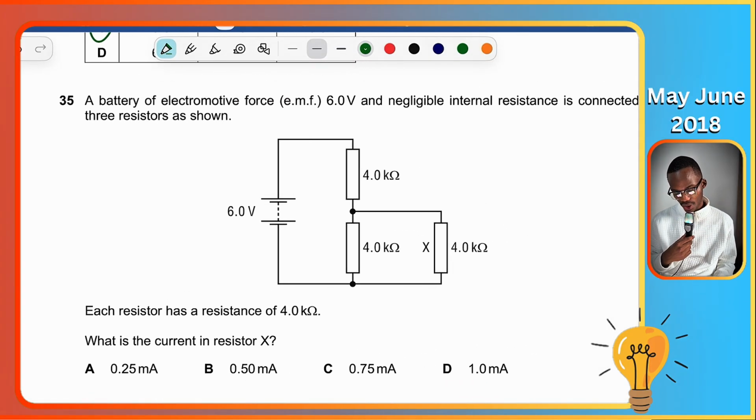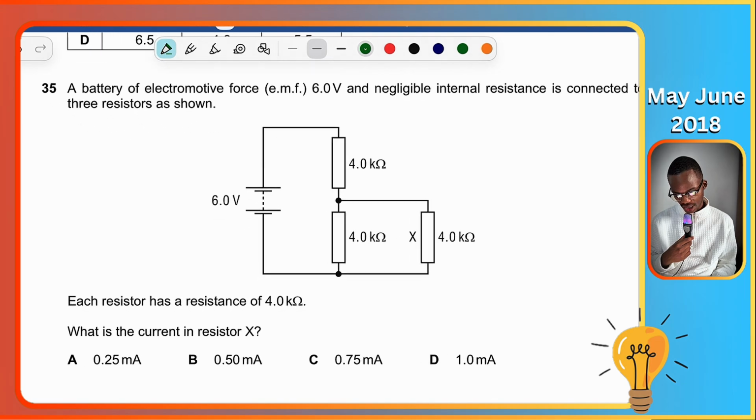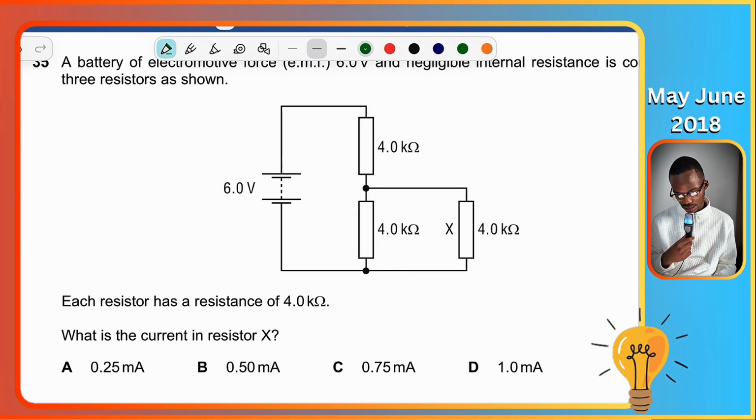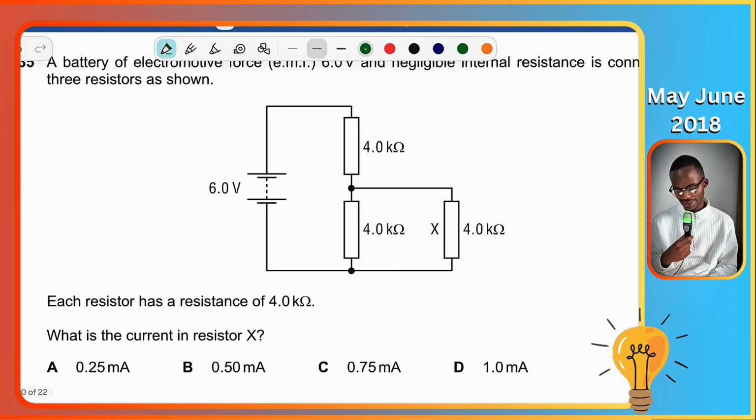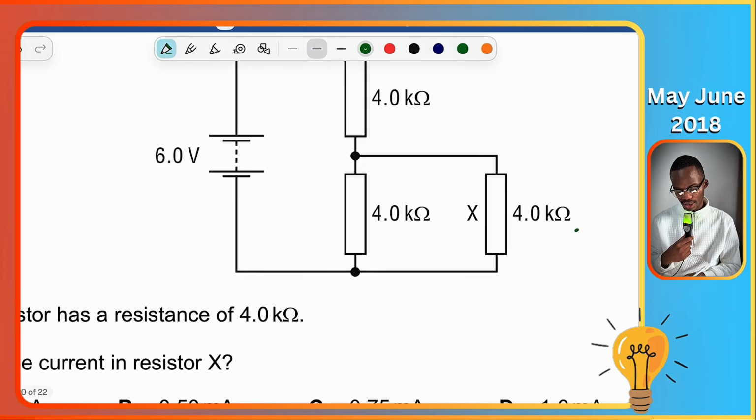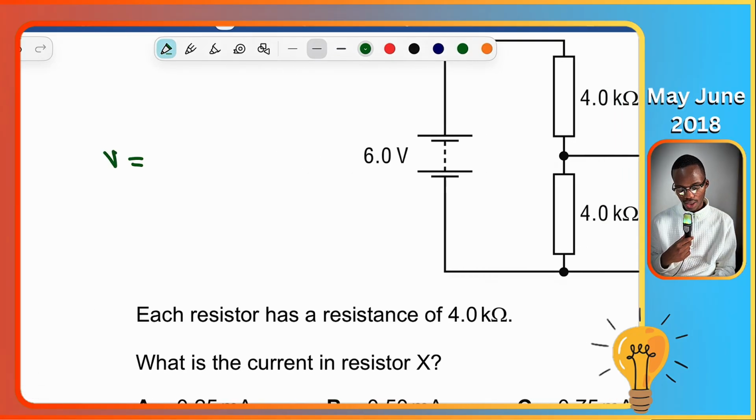35. What is the current in resistor X? We're given this nice little circuit. This is beautiful, because I'm given resistance and I know that V is equal to IR. So in order for me to find the current, I just need to find the voltage value.